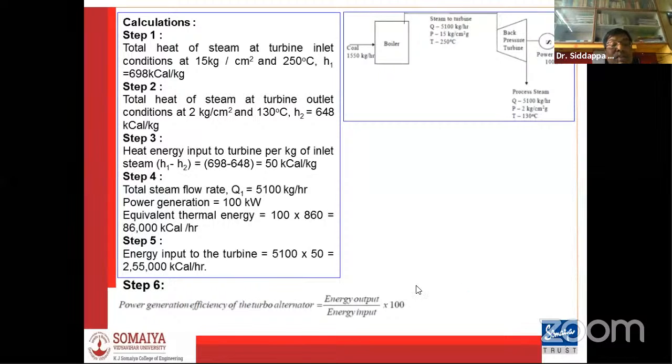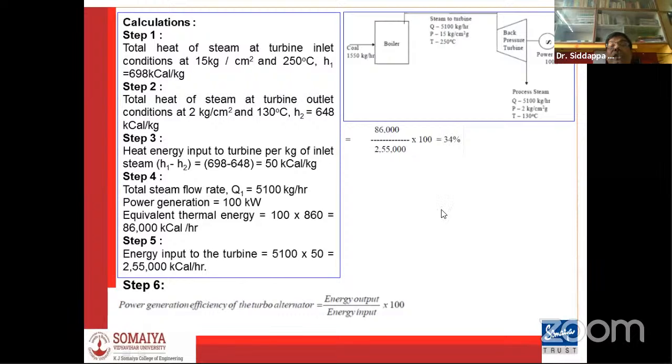Then in 6 steps you need to calculate the power generation efficiency of the alternator system, which is nothing but the output by input. The output is almost 86, the equivalent thermal energy you are given as 86, and the energy input to the system is 255 K kilocalorie per hour.